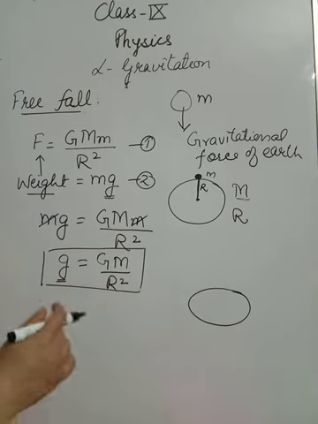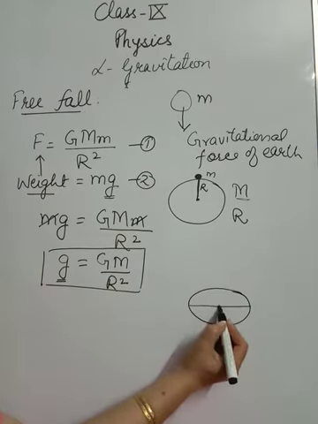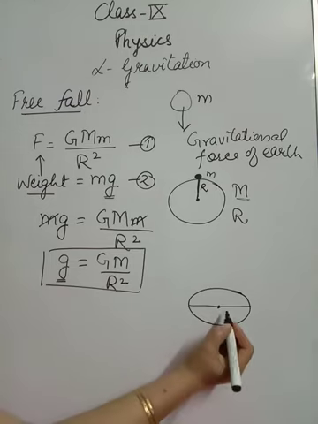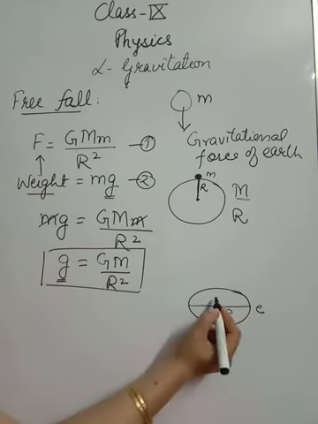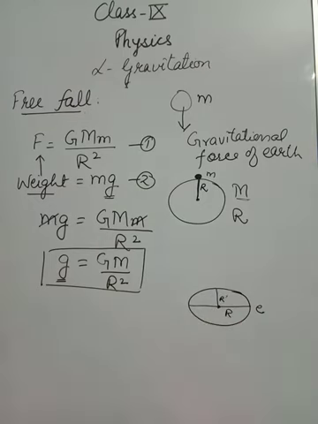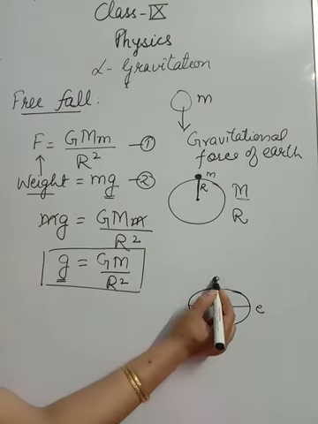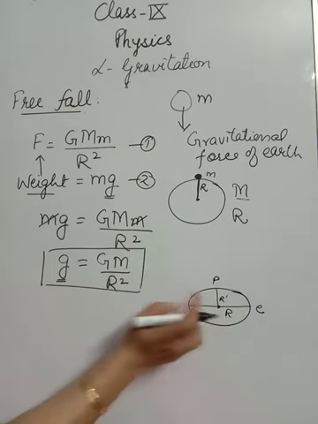If this is the center of earth, so here r, and this is the equator, and here it is the pole. Let it be r dash. R is the radius of the earth near the equator, and r dash is the radius near the poles. So this r is greater than r dash.